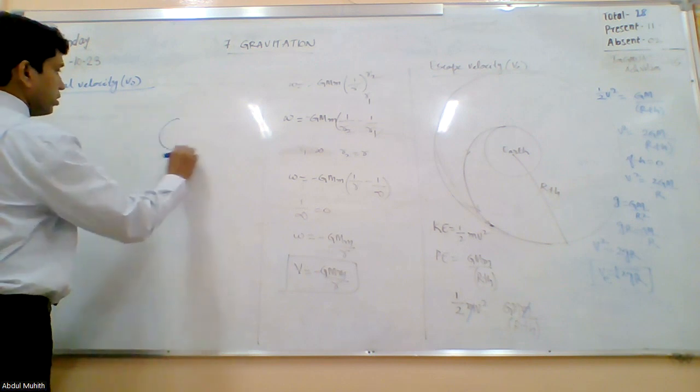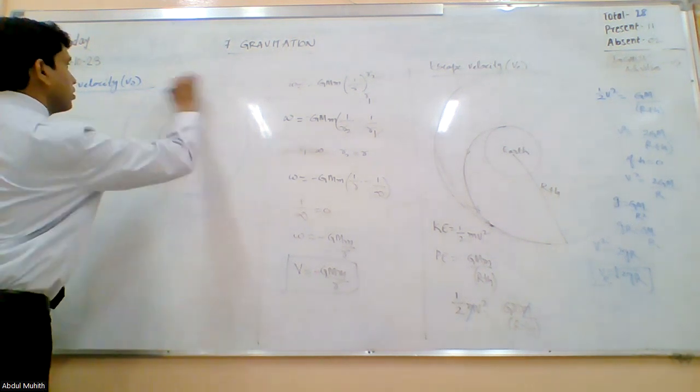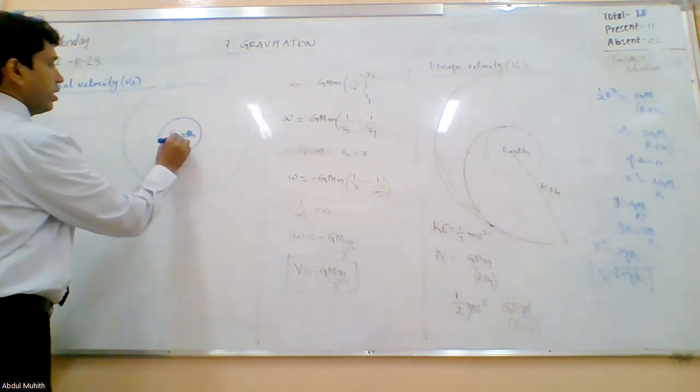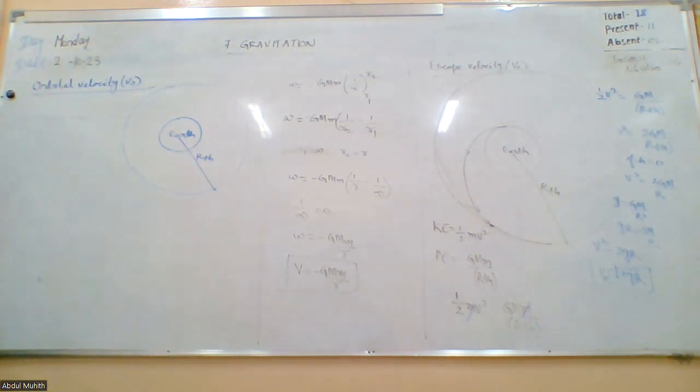Now suppose, see this is the part. The satellite is revolving around the Earth. This is at a height r plus h, the height from the surface of the Earth.